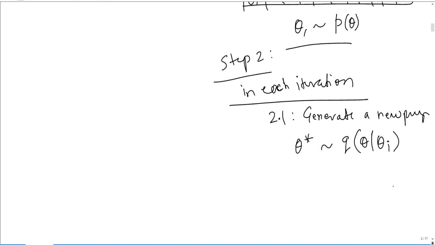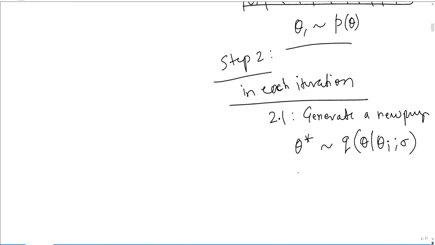Once you have a new proposal, then you would evaluate it. One thing that will happen in generating a new proposal is that, along with the current state of the chain, this density would have another parameter, sigma. What this parameter does is determine how far you can generate a new proposal from the current state of the chain.